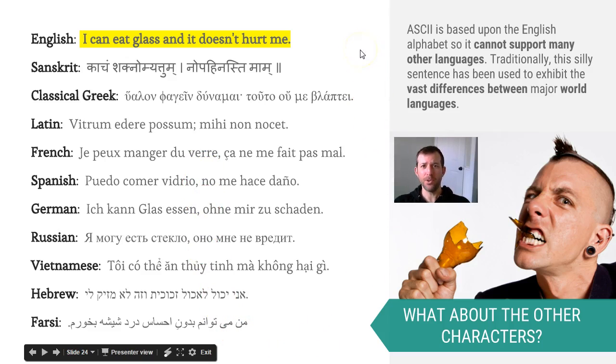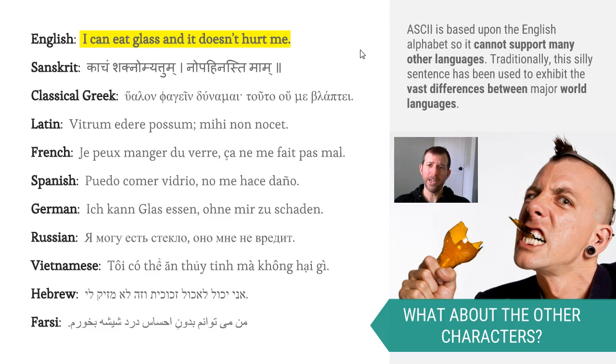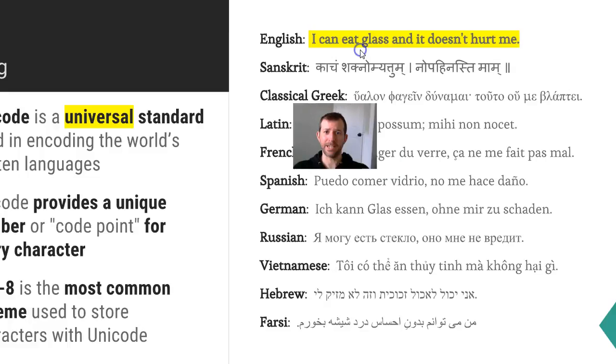So we can't use an ASCII encoding scheme on the internet. If we did, we would only be able to support English and languages that used exclusively English characters. So we needed something that was going to help bring us together, that was going to give us global support. And it wasn't ASCII.